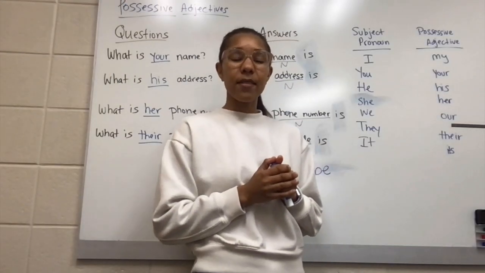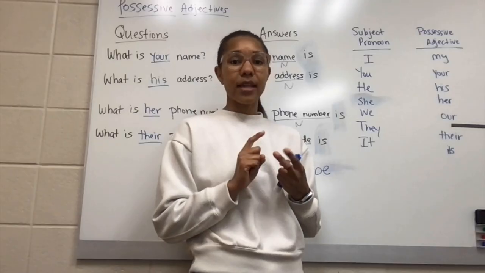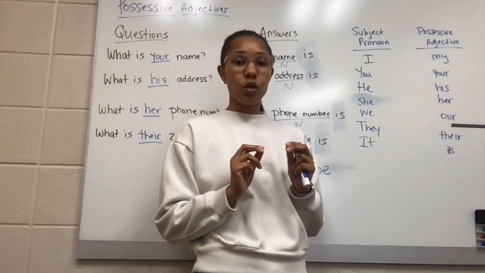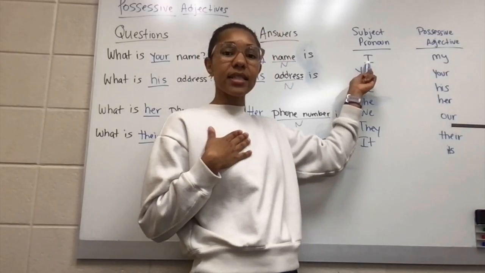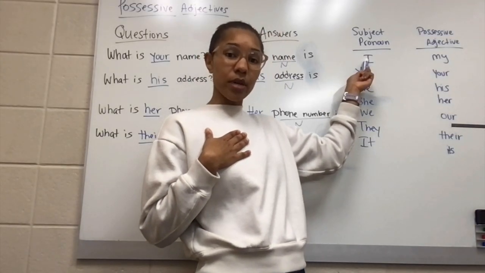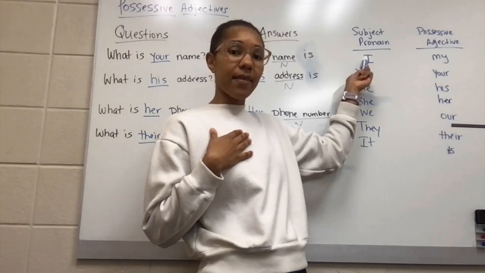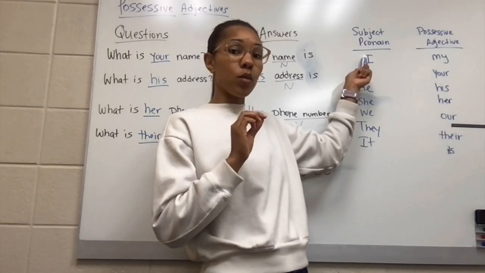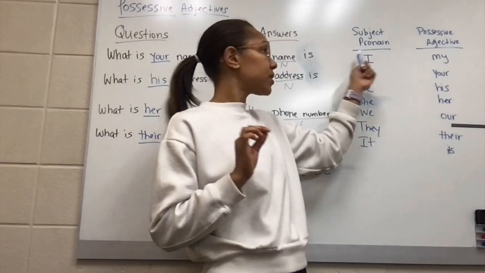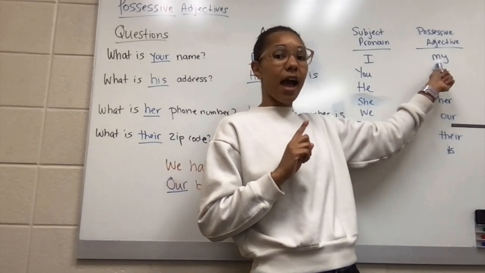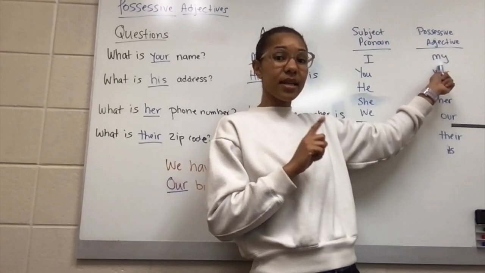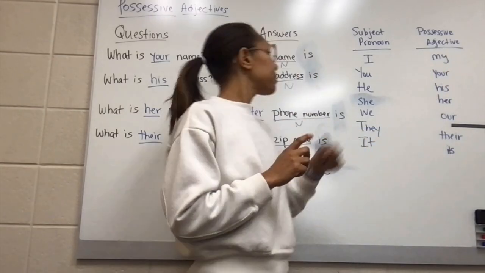Okay, so let's look at the subject pronouns we've learned and look at the possessive adjectives. So remember our subject pronoun, I, so I can say I am a student. We have a subject, I, and then the verb to be, am. When we're using possessive adjectives, my, and remember we have to use a noun after that. My name is. Okay.